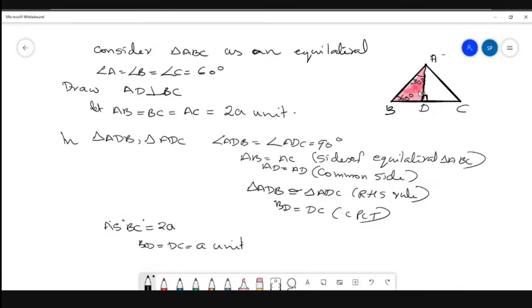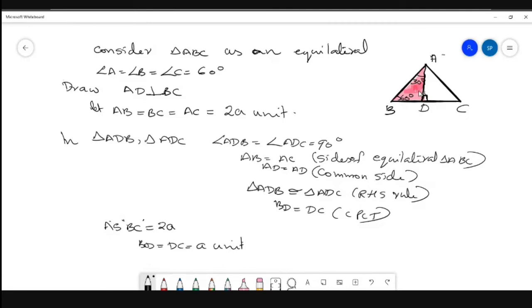Now we are explaining with this triangle ADB. So if you take 30 here, we can say sine of 30 degrees. With respect to this 30 degrees, we can take BD as the opposite side and AB as the hypotenuse.